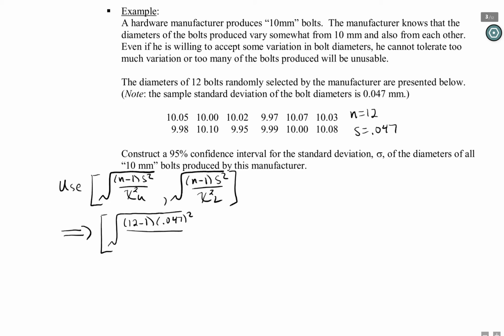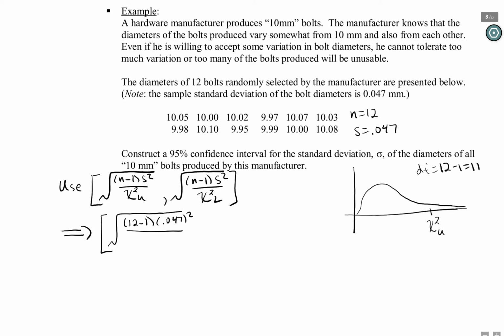Let me look over here at the chi squared distribution. I've got a right skewed chi squared distribution here, and chi squared U is going to be an upper chi squared percentile. Just to be clear, the degrees of freedom, you recall, is n minus 1, so my degrees of freedom here is 12 minus 1, or 11, and I want a 95% confidence interval.